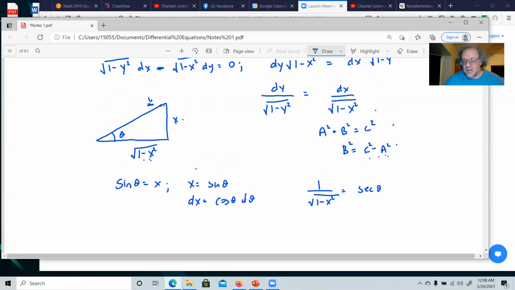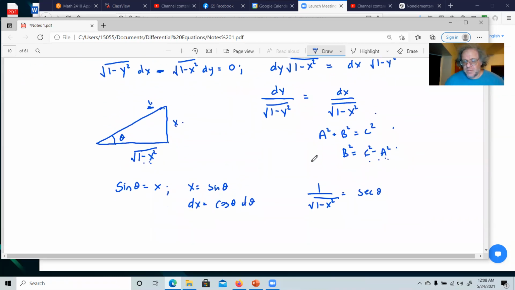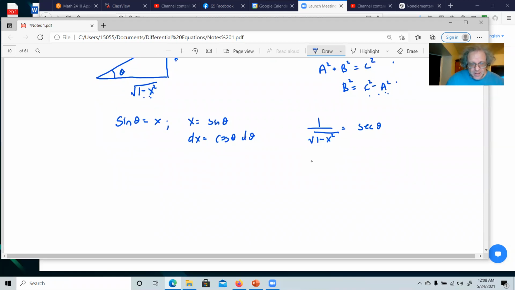Okay, so what we have here, right, we have 1 over the square root of 1 minus y squared dy is equal to 1 over the square root of 1 minus x squared dx. Okay. 1 over the square root of 1 minus x squared here, right? That's secant theta. And then what's my dx? My dx is cosine theta d theta.